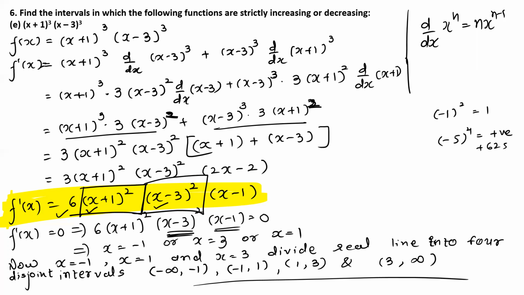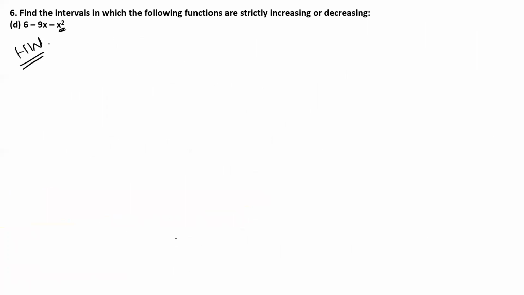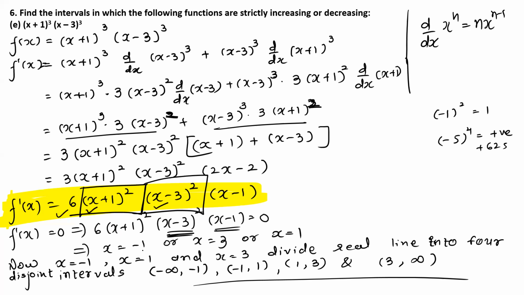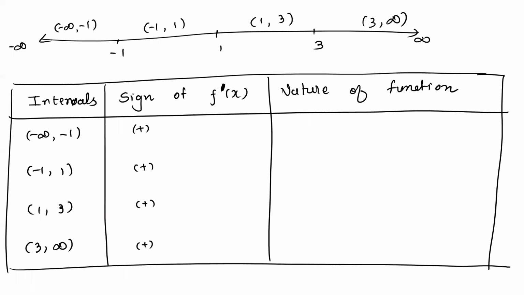So you know that three things are positive all the time. First of all, 6, which is always positive for all the intervals. Then x plus 1 square, positive all the time.